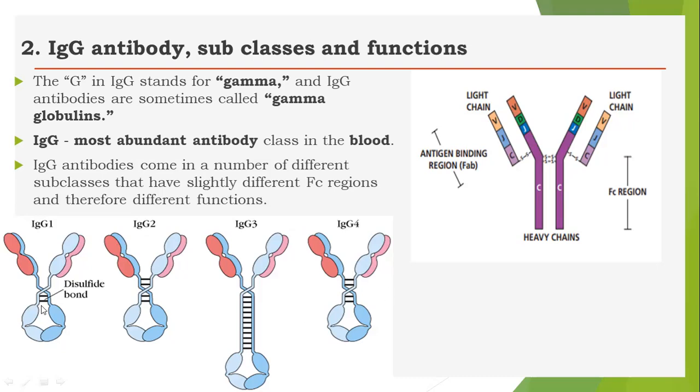And you see that this constant region's difference also conveys some form of functionality, determines what type of antigen these particular IgGs are able to respond to, as we will see in the next slide.